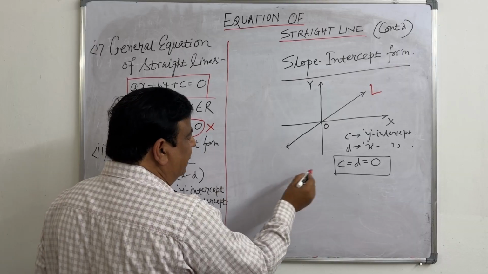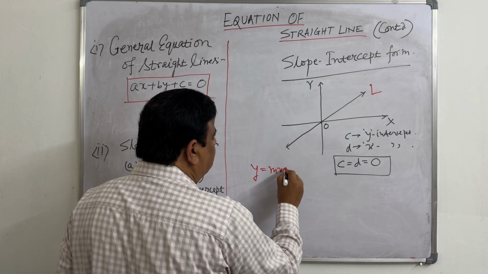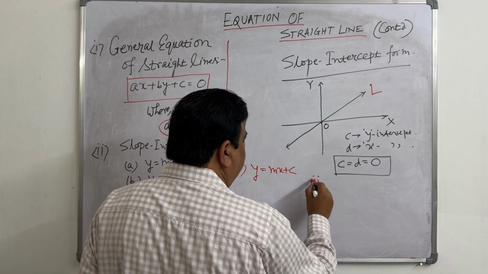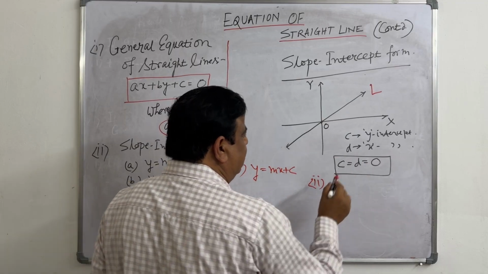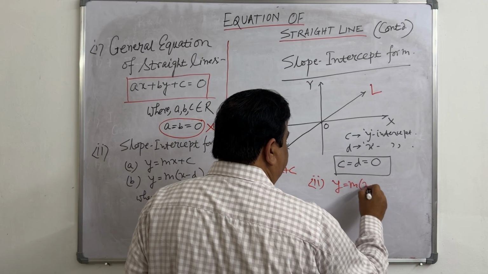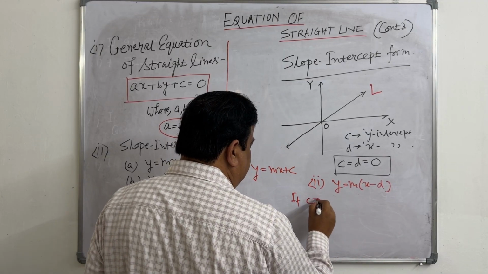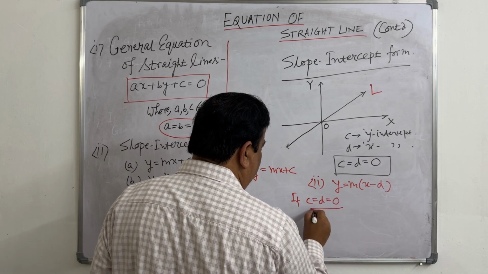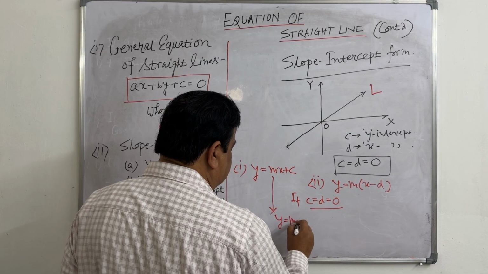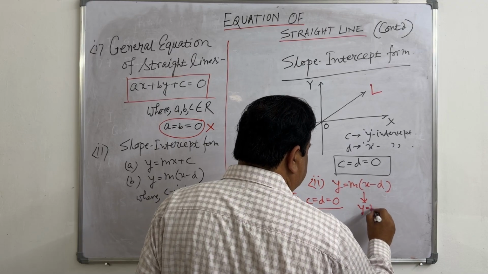Agree? In case of y-intercept, what is the equation of the line? That is y is equal to mx plus c. You saw that in case 1, and in case 2, if the x-intercept is d, then what is the equation? It is y is equal to m into (x minus d). So if you put c is equal to d is equal to 0, here you will get y is equal to mx, and here also you will get y is equal to mx.